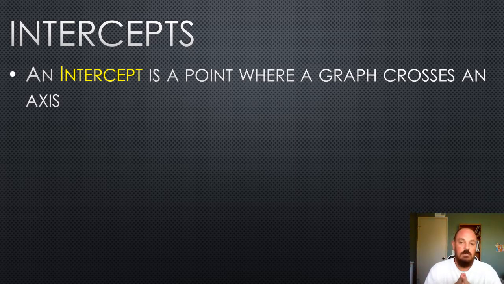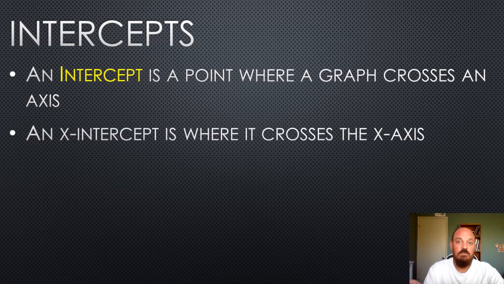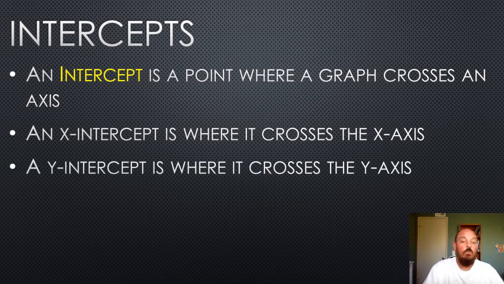So an intercept is where a graph crosses either of those two lines. An intercept can happen where you cross the x-axis or the y-axis. And to tell the name of each one, we just put that letter in front of it. So the x-intercept is wherever a graph crosses the x-axis, and the y-intercept is wherever it crosses the y-axis.